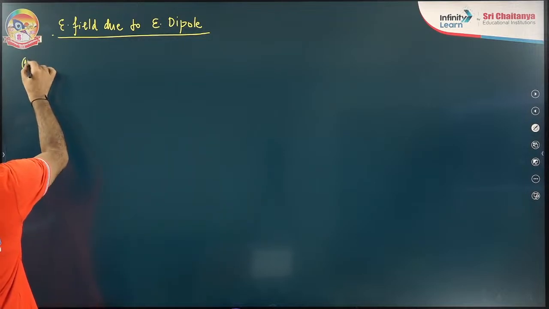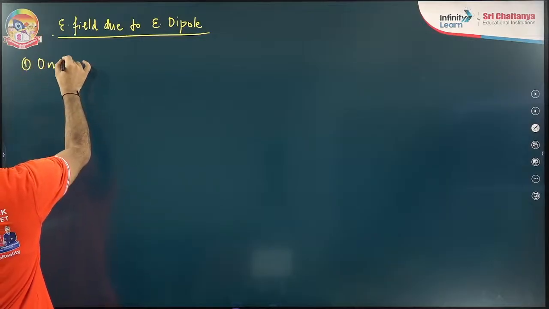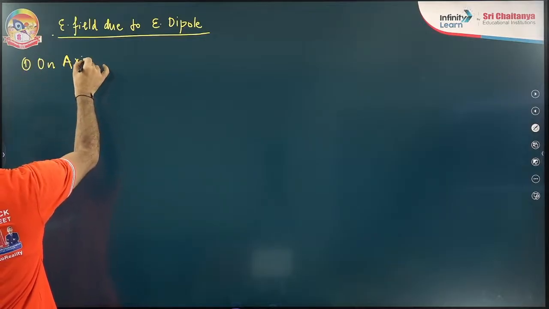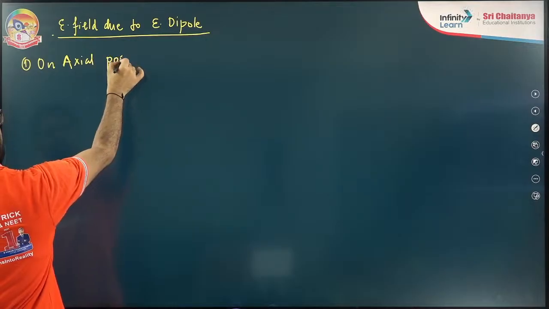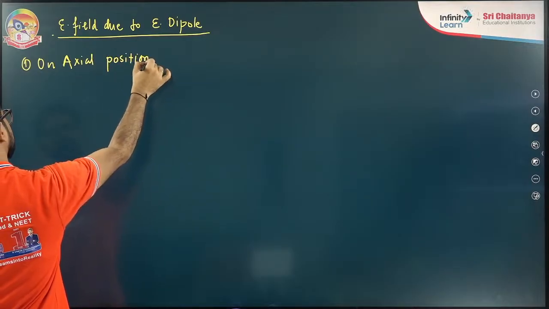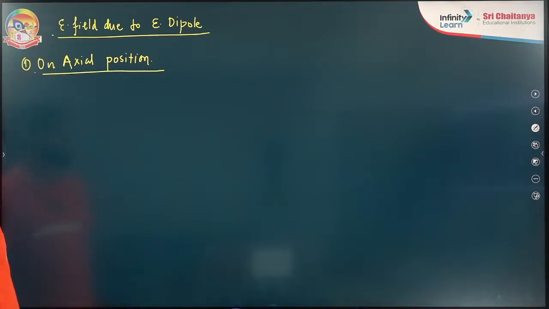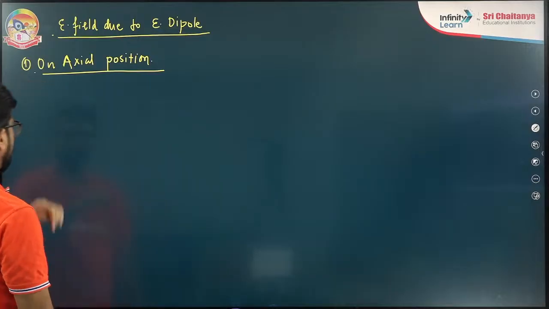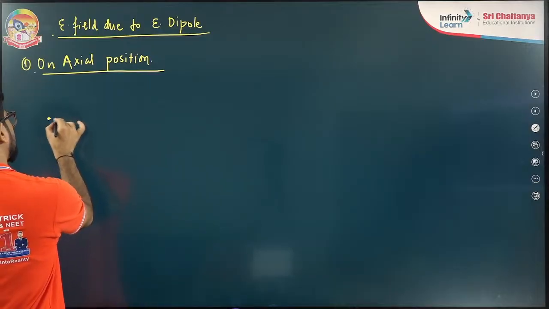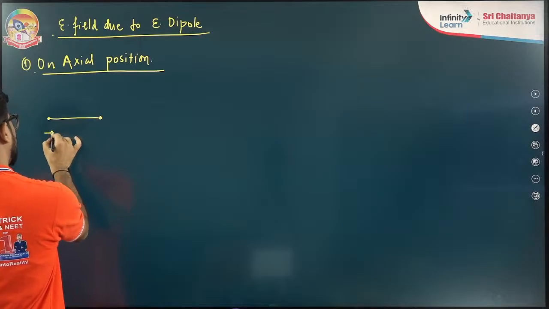First case is on axial position. When you say axial position, what is the meaning of this? Listen carefully. Suppose there are two charges. This is minus q, this is plus q.